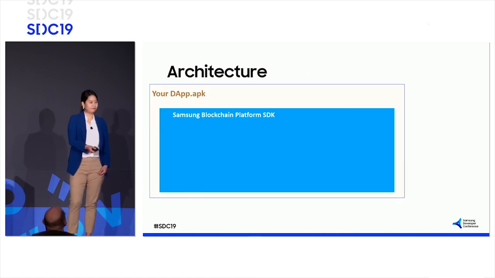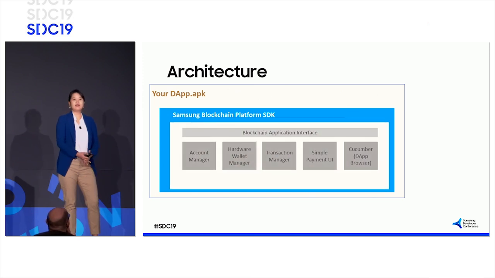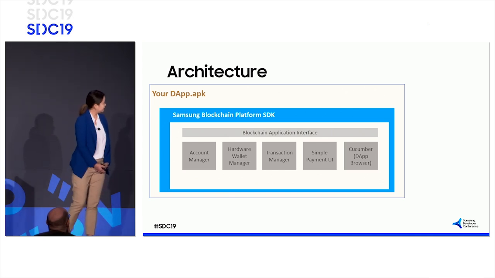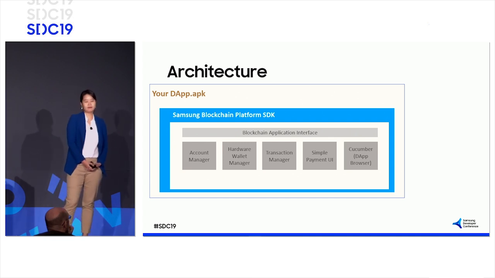Let's look deeper. Here is your DApp, and Samsung Blockchain Platform SDK exists inside of it. In the SDK, there are 5 components: account manager, hardware wallet manager, transaction manager, simple payment UI, and Cucumber.